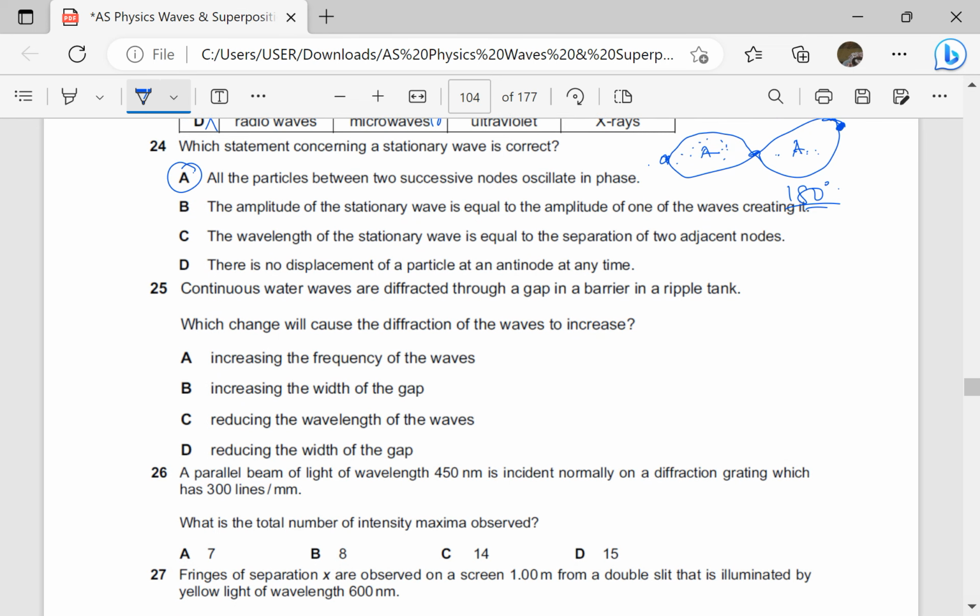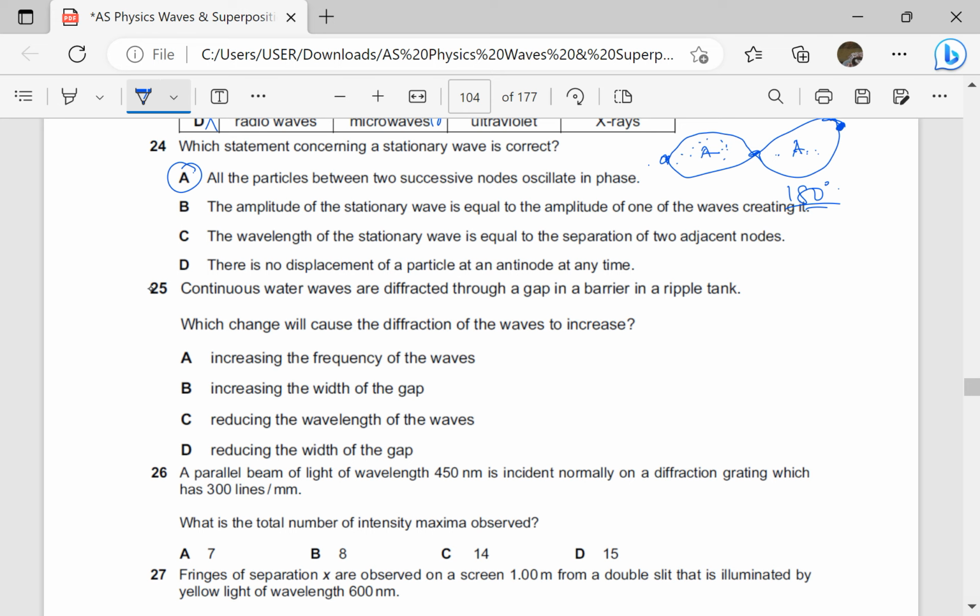Continuous water waves are diffracted through a gap in a barrier in a ripple tank. Which change will cause the diffraction of the waves to increase? Note that for the diffraction of the waves to increase, the size of the gap must be almost of the same order as the wavelength itself.